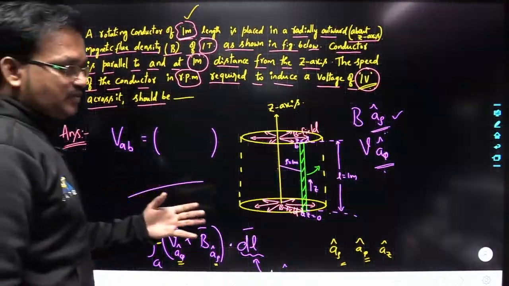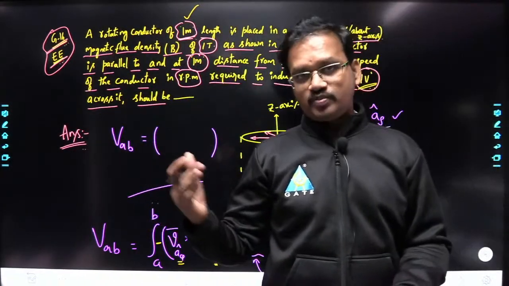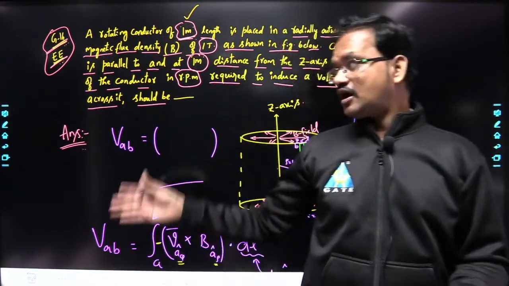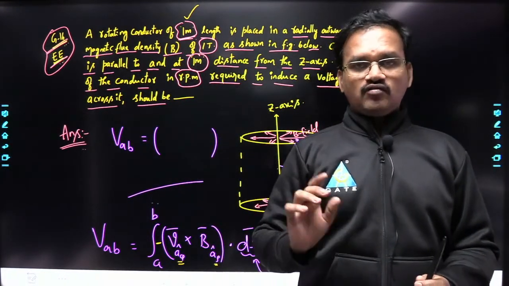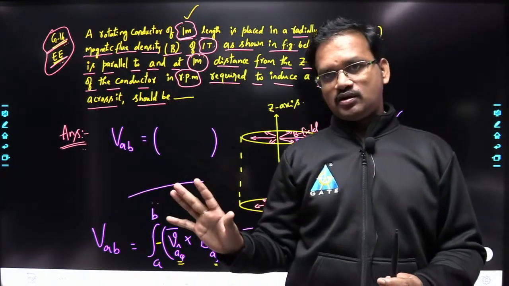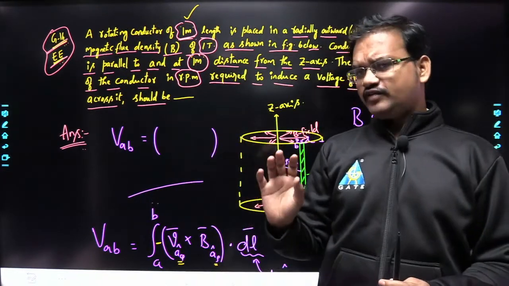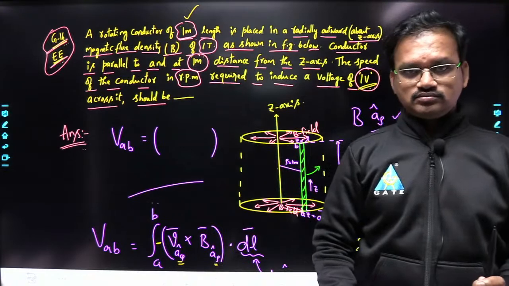See, the same concept whatever we have followed previously, based on the same concept they have asked the question. Just identify what is the direction of velocity and what is the direction of B field. If you understand these things, then it is going to be very, very simple.